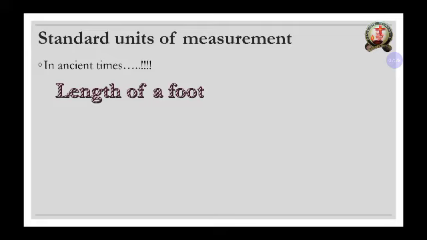For example, if they wanted to measure the area of a particular land, they used to measure using their foot. The length of a foot they used to determine. We also used to do this. In our previous class, I gave an activity, and if you did the homework, I asked you to measure the length of the table using your hand span.